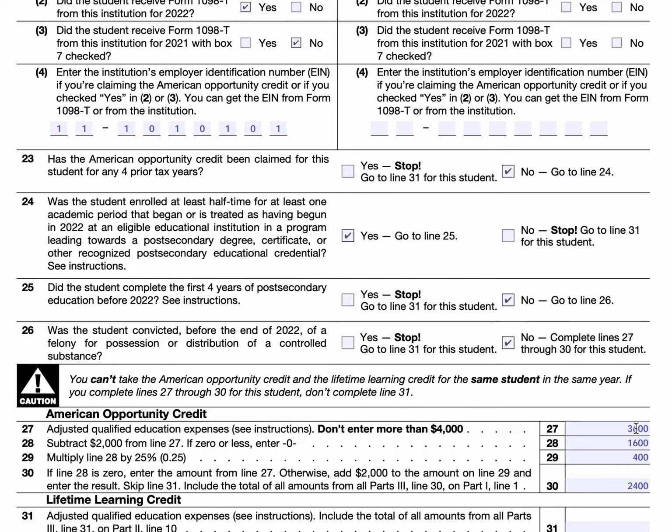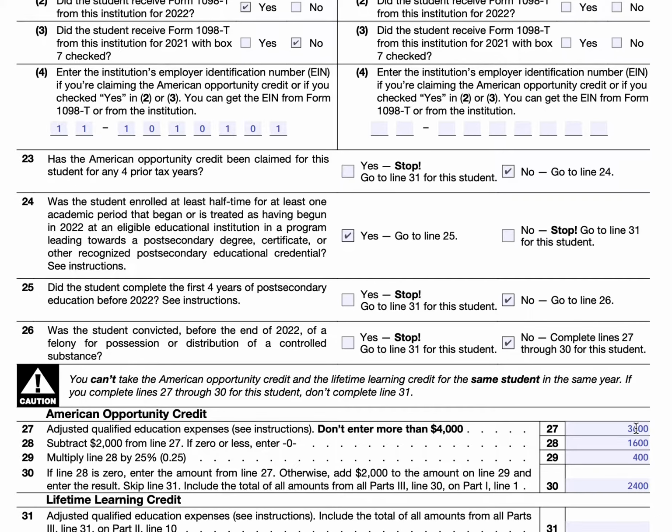For the lifetime learning credit, qualified education expenses include books, supplies, and equipment only if you had to pay the institution directly for that material as a condition of enrollment. And then qualified education expenses also include student activity fees, athletic fees, only if the fee must be paid as a requirement of enrollment or attendance.